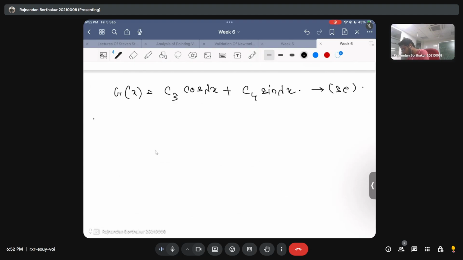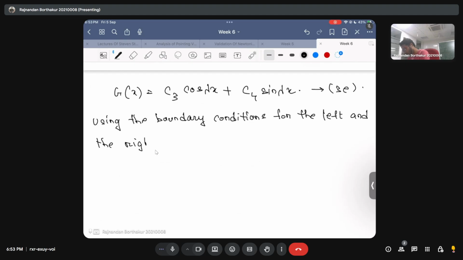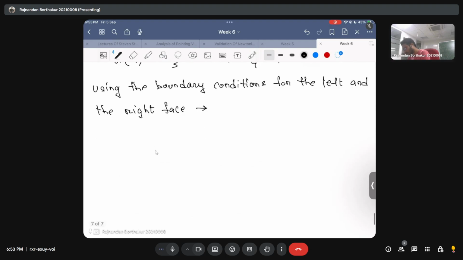Using the boundary conditions for the left and the right face.